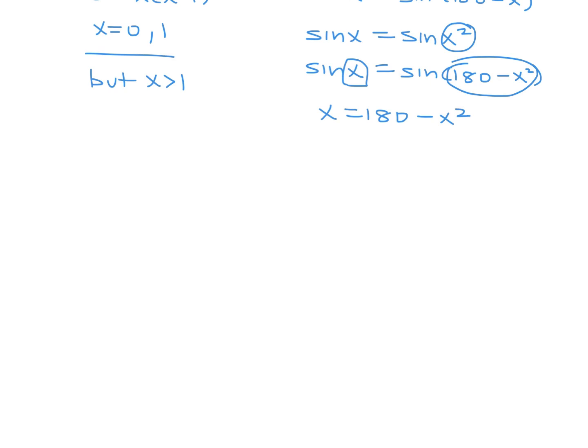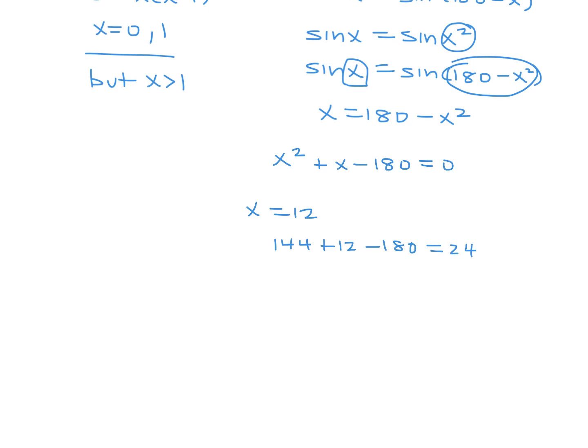Okay, so this is a quadratic, obviously. Put everything on one side: x squared plus x minus 180 is 0. Oh boy, this is a messy quadratic. So I'm not going to solve it. I'm just going to guess by plugging in values. If x is 12, this becomes 144 plus 12 minus 180, which is minus 24.